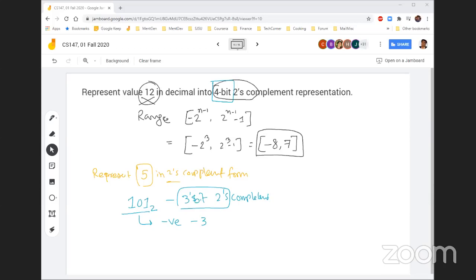If it is not specified, the correct answer would be that it cannot be done, because there is insufficient information. Question on this part?